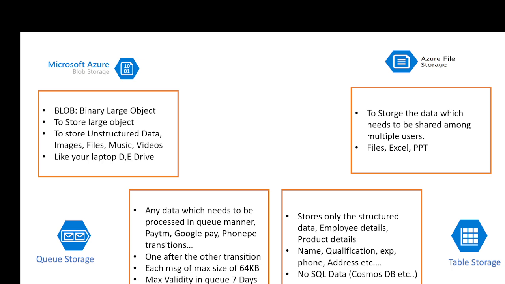That kind of data can be stored in Azure blob storage. And you can store unstructured data, which means you don't necessarily have to segregate it. It will allow you to store anything that you want.